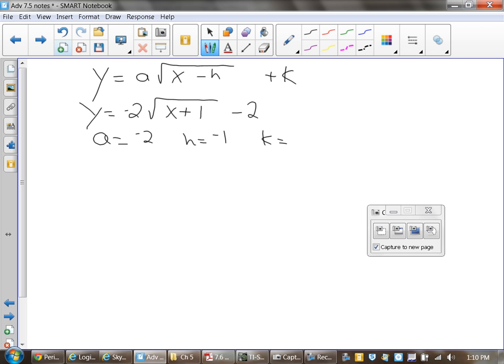So here my k value is negative 2. So that means when I shift this, since my h value is negative, which direction am I shifting it? Left or right? I'm shifting it to the left. And k is telling me that it has to move down. So we've done the first thing. The second thing is to plot.